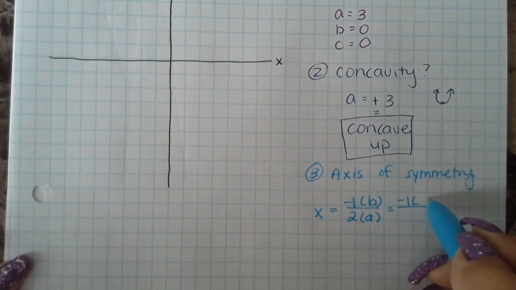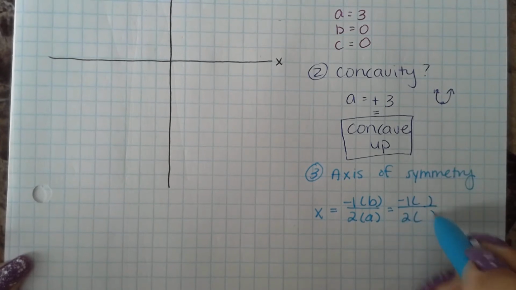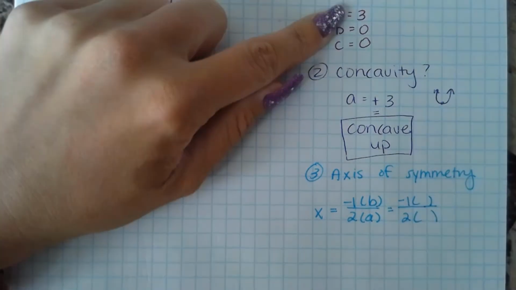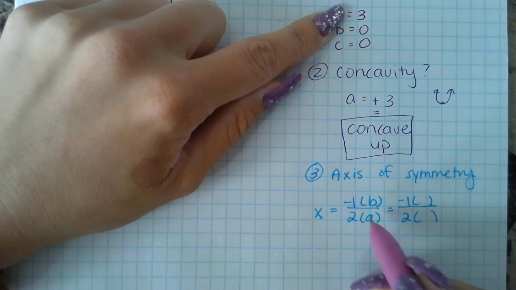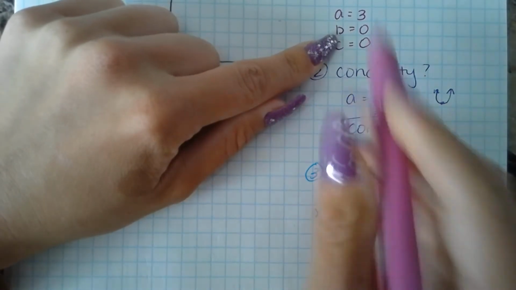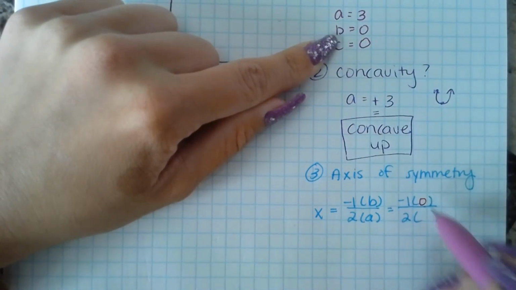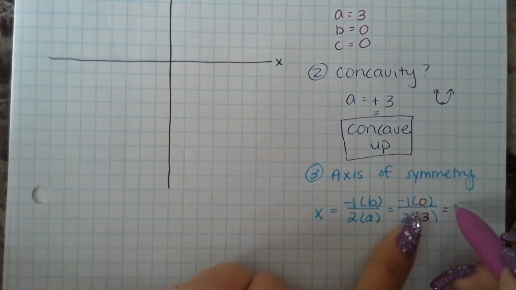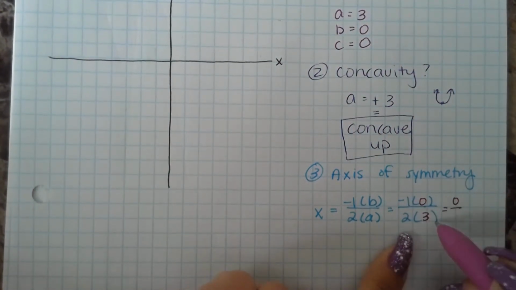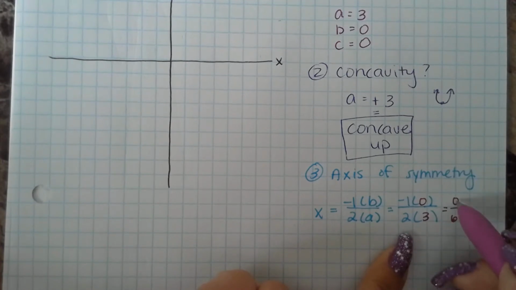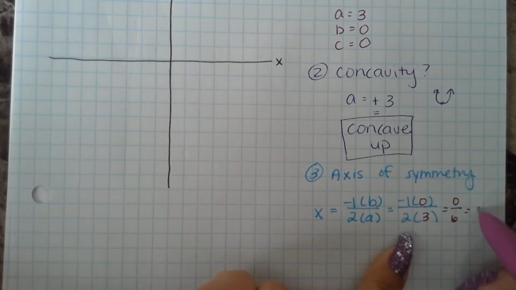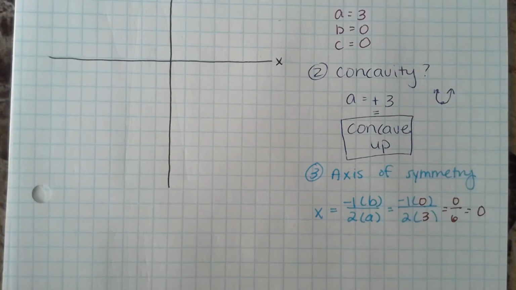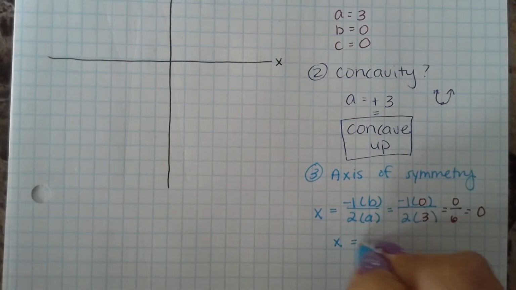Our b is right here, 0. Our a is 3. So -1 times 0 is 0, over 2 times 3 is 6, and 0 divided by 6 is 0. So we know that x is going to equal 0.